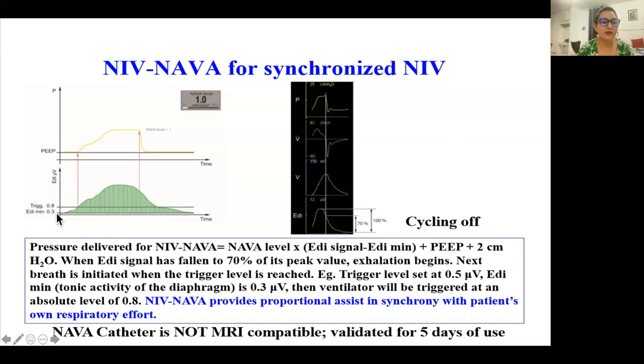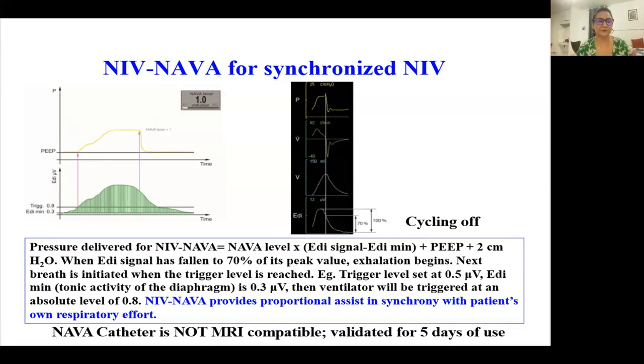So 0.3 plus 0.5 is 0.8. So only when the baby's EDI activity is more than 0.8, that is the time when the ventilator would start delivering.